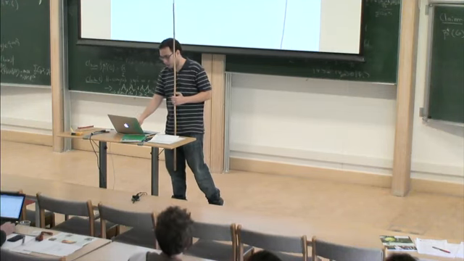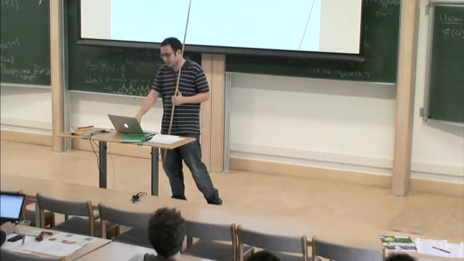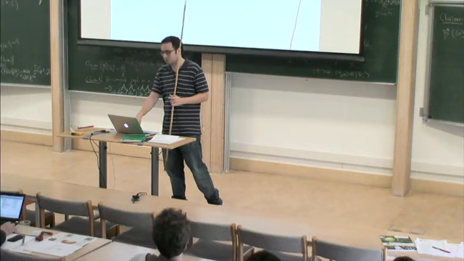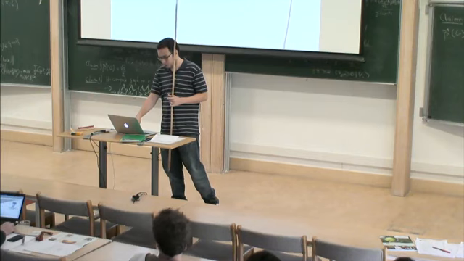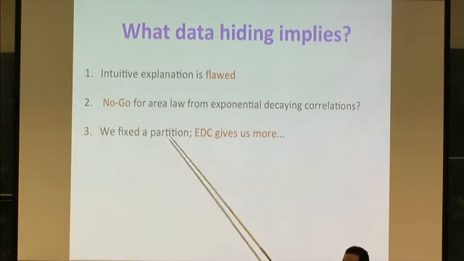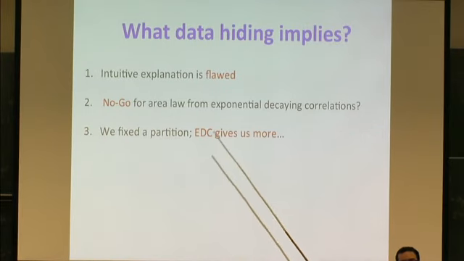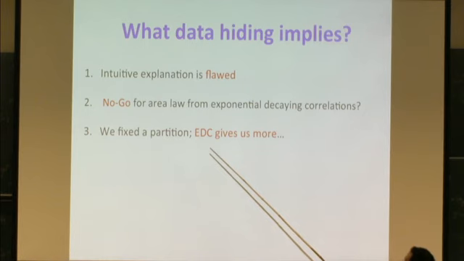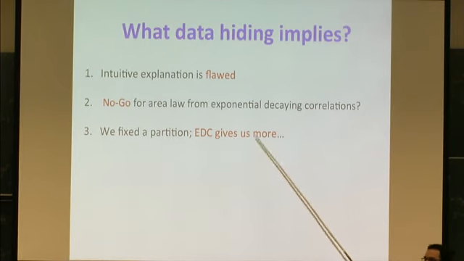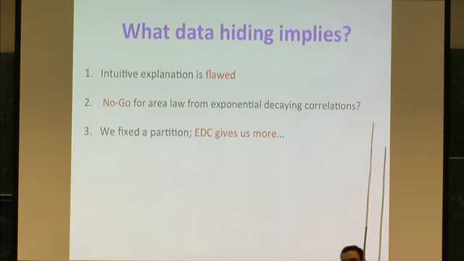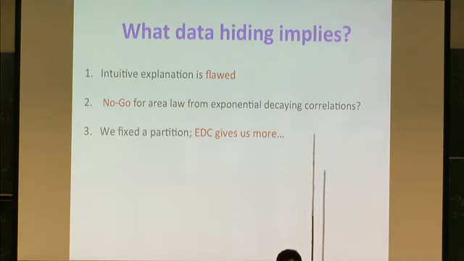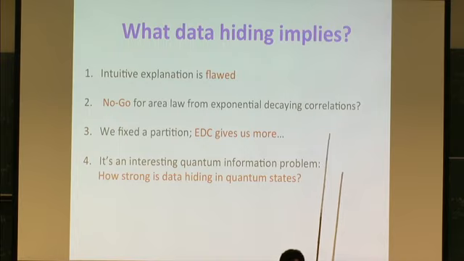Maybe it could lead to a no-go for area law from exponential decay of correlations, but it's not quite true, because we fixed a partition to get this difference between local and global correlations, and exponential decay of correlations gives us more. We have this small correlation in any partition we choose, so we can try to explore that.